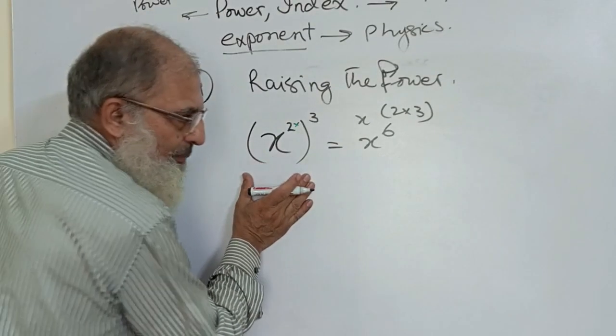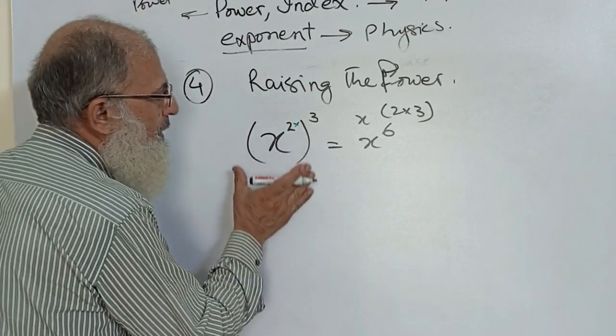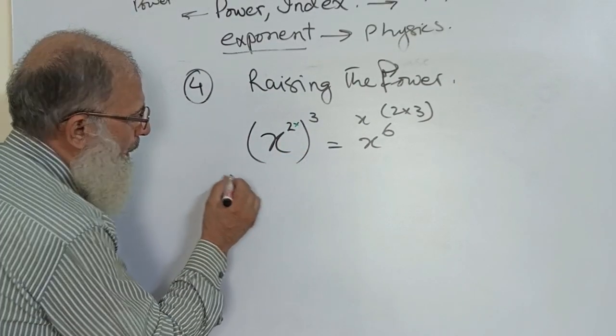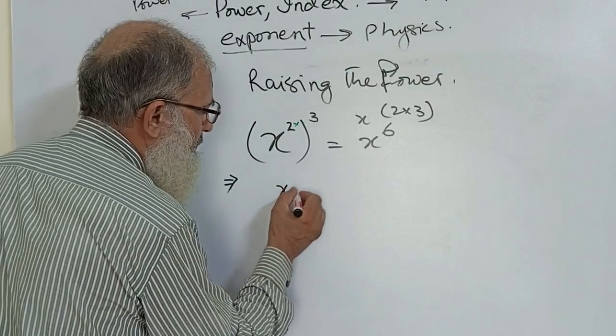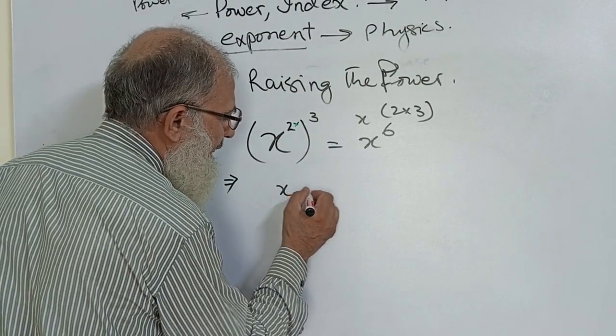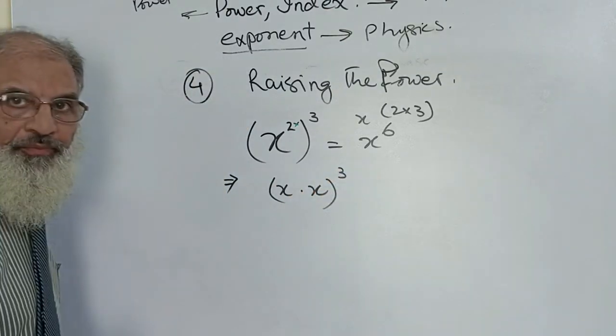Now how has this happened? According to the laws, we'll solve whatsoever is written within the bracket. Within the bracket, it is written as x multiplied by x, and here it is written 3.